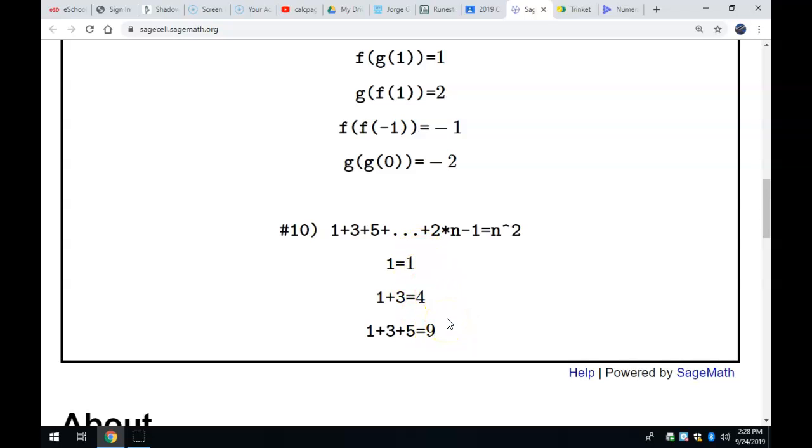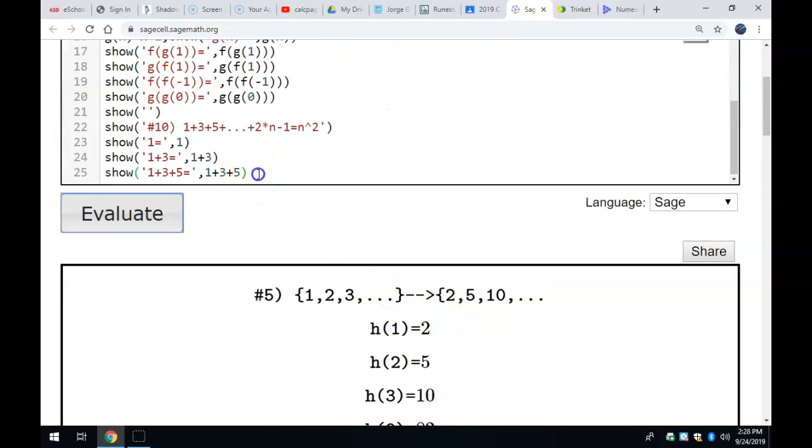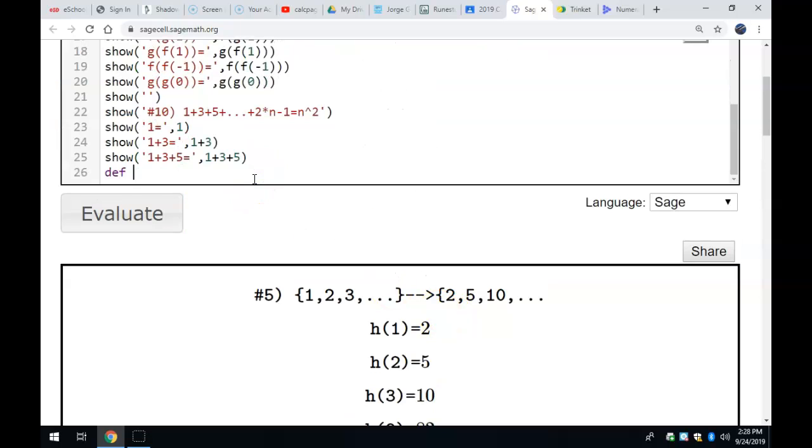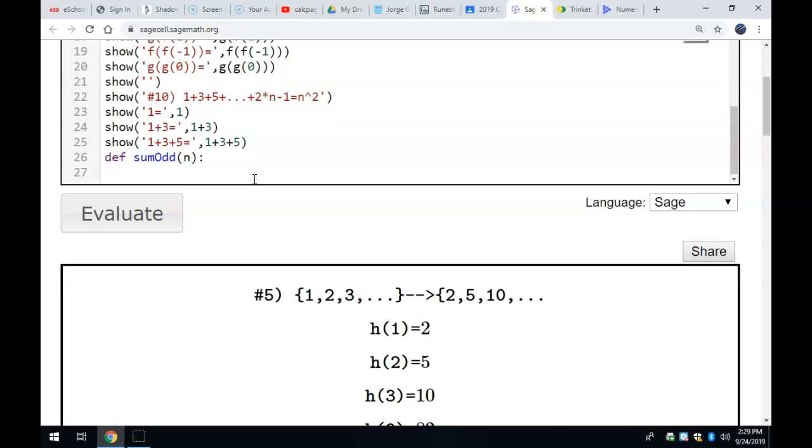Another way to play around with it is to write a function. Define, how about, sum odd of n. How are we going to do this? Well, let's play with this. If we show range of n, what do you get?